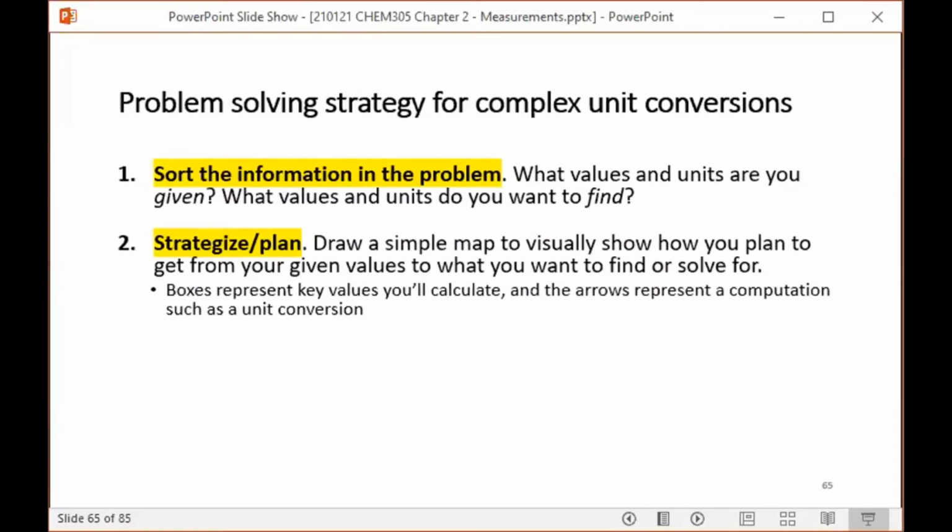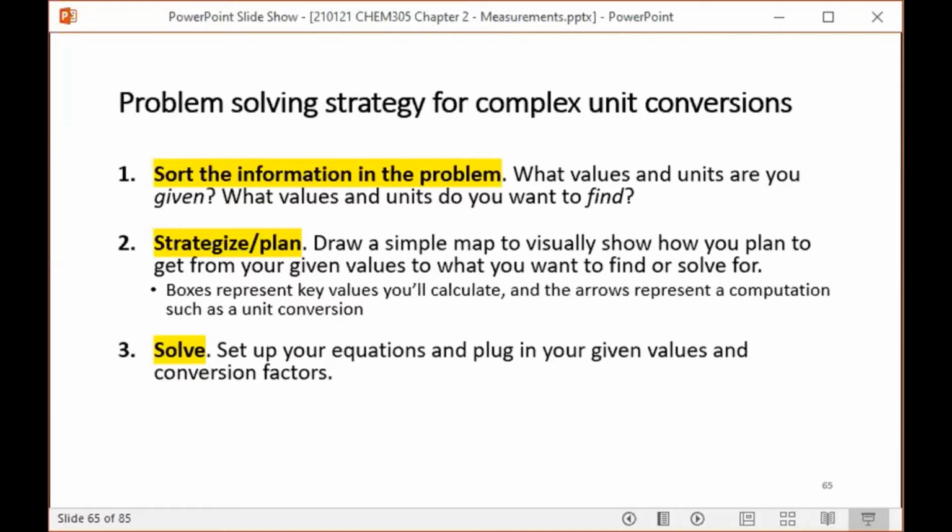Then you come up with a strategy or a plan. And so we're going to work on drawing a simple map to visualize how you go from your given values to what you want to find or solve for. And so I'll use a box or something written in larger letters to represent the key values you're going to calculate. And then I typically use an arrow to represent a computation such as a unit conversion. And we'll go through examples of this.